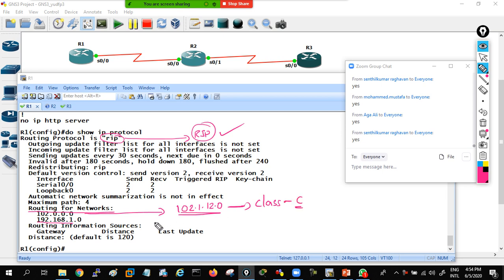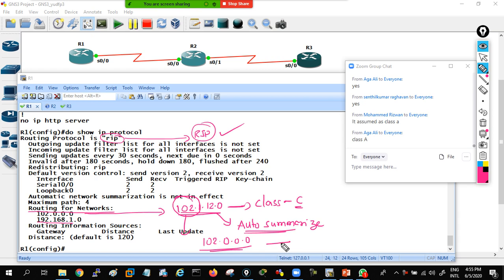We cannot specify a subnet mask, guys, because by default your RIP protocol does auto summarize. This is the meaning of that. Basically the 102 belongs to which class? It belongs to class A, right? Everybody understand that?